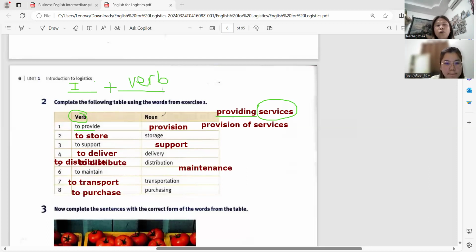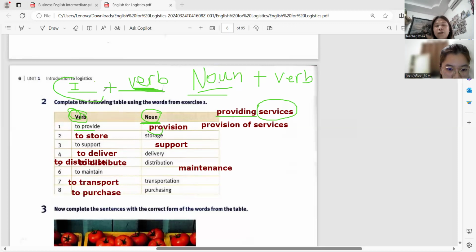But if you want to use the noun, the noun comes first in the sentence, then you use another verb. If you want to use the verb, it comes after your subject. So that is how you use these words in the sentence.